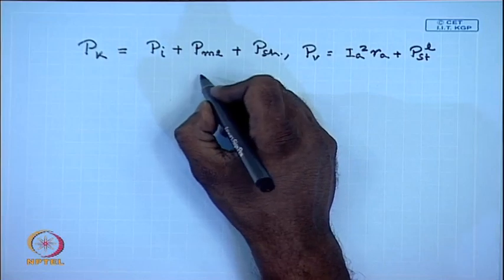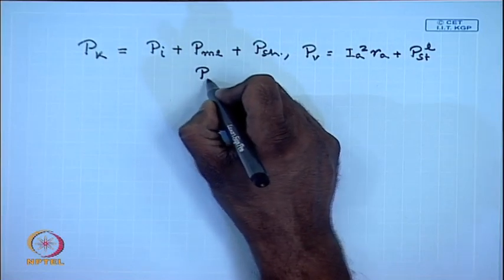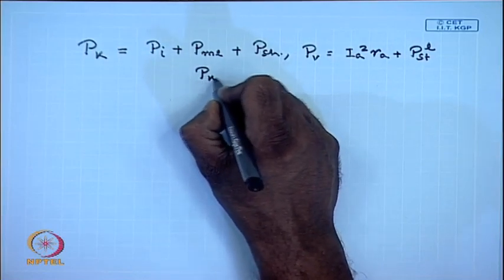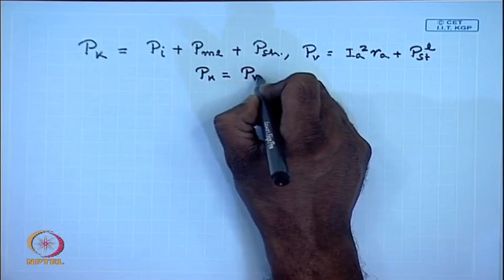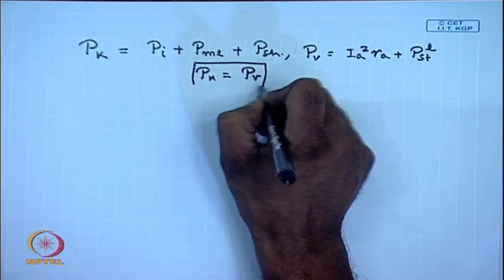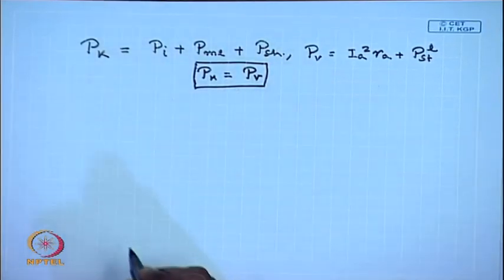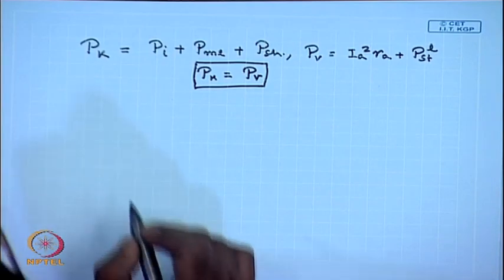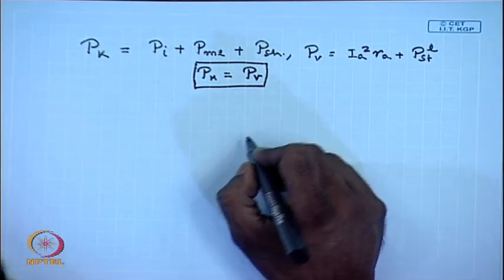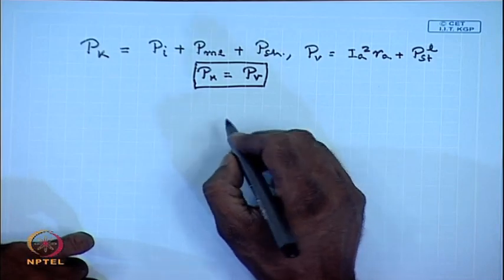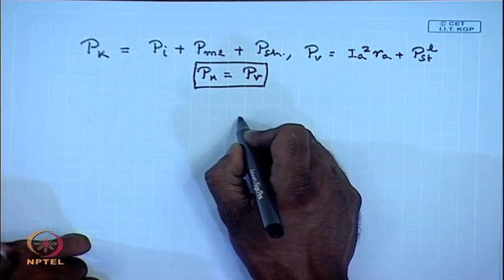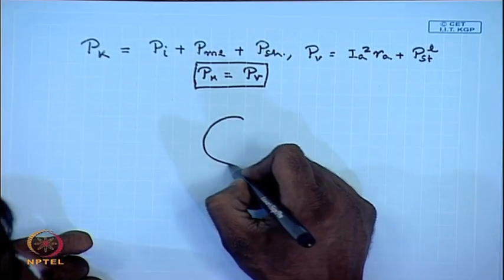Maximum efficiency of this machine usually occurs when Pk is equal to Pv. This is usually the condition for maximum efficiency. Now, let us see in the motoring and generating mode how these losses are distributed. Let us first take the case of a generator.